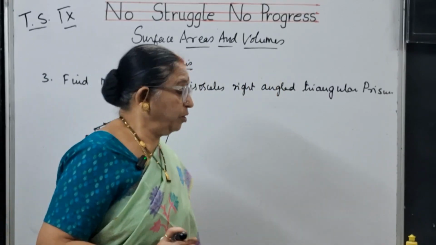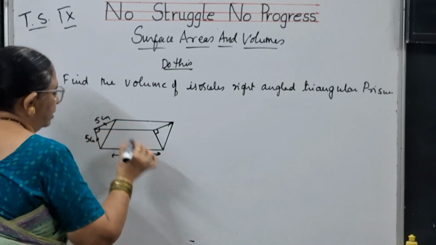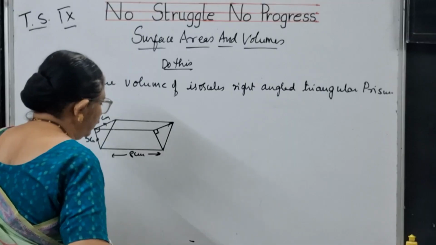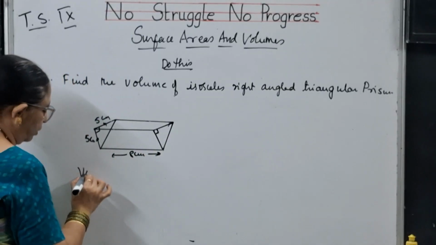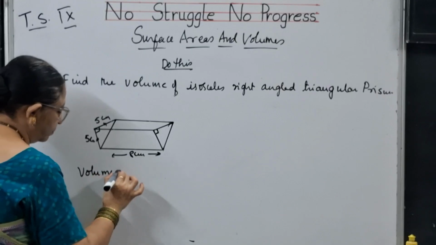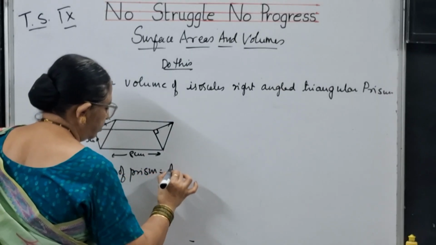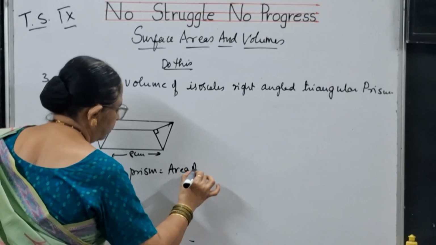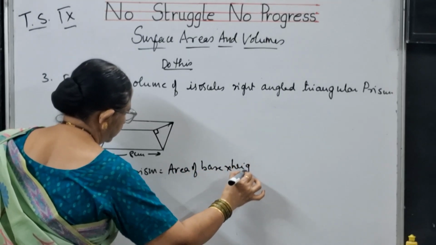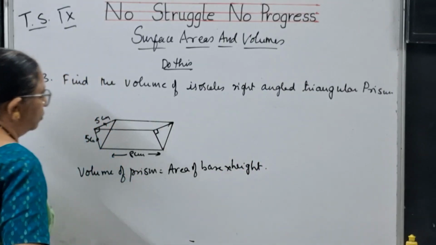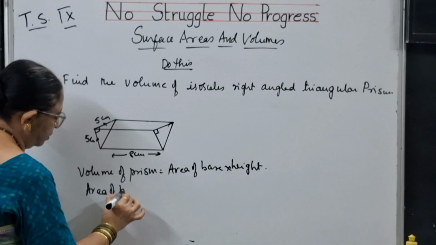So you can consider this shape as a prism. So here you have got a prism with base right triangle. This is 5 centimeters, 5 centimeters, and this is considered as height. So volume of prism formula, volume is nothing but area of base into height. So let us find out first what is area of base.